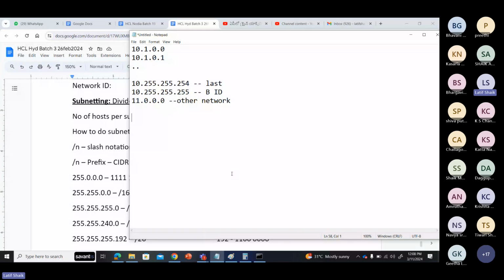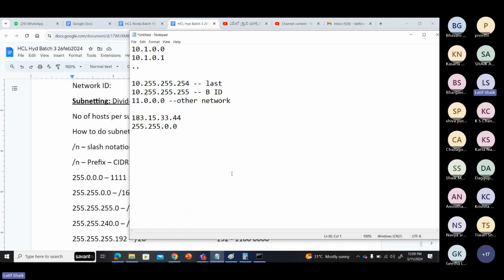For example, I take one example. 183.15.33.44. This is the IP address I have taken. This is class B, right? This is my subnet.